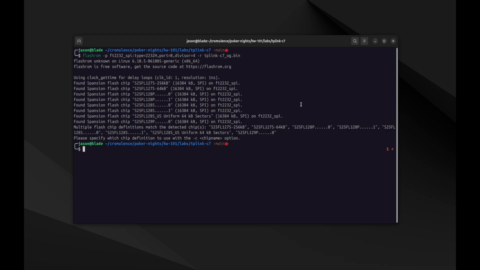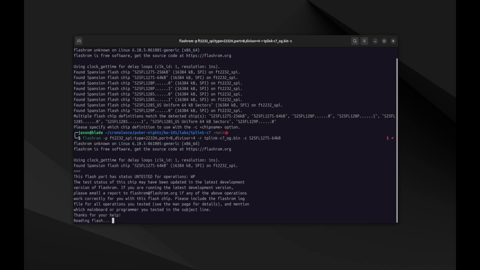So we can just specify the chip we want, and I believe it's a 64K page. All right, and now we are reading in the flash.